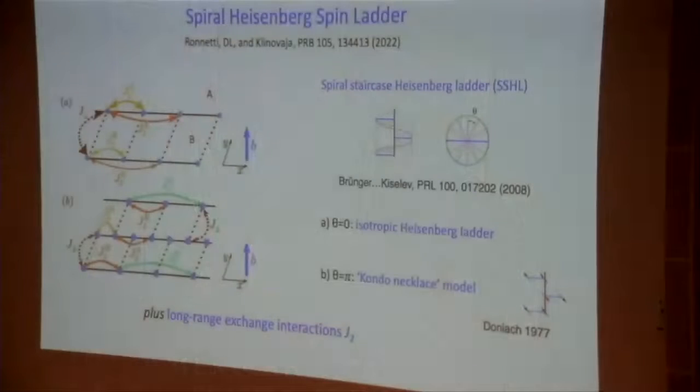Then in the next part of my talk, I would like to talk about some more recent work where we looked at so-called spiral Heisenberg spin ladders, which also have very interesting properties, especially taking into account now strong interactions. So what is the system? There are two extreme cases.